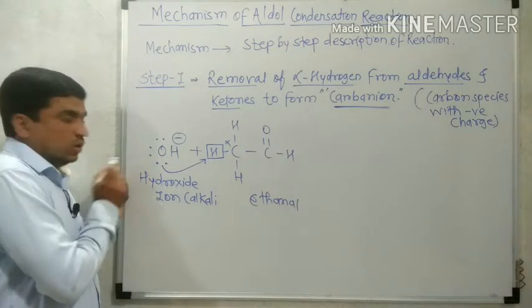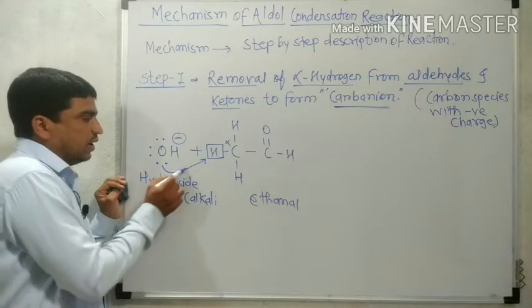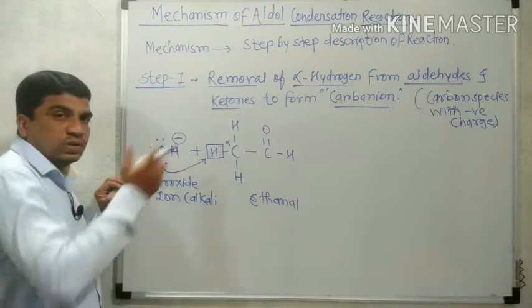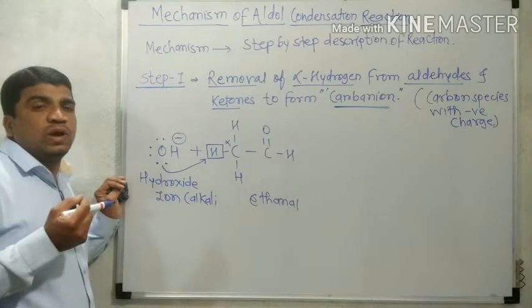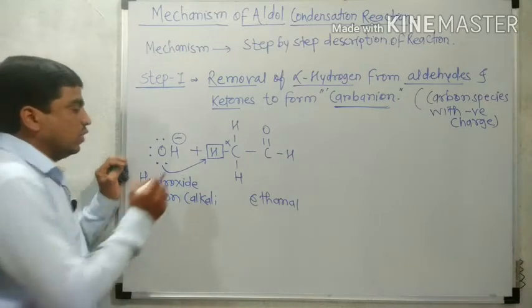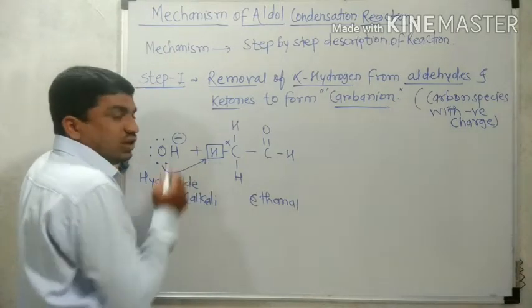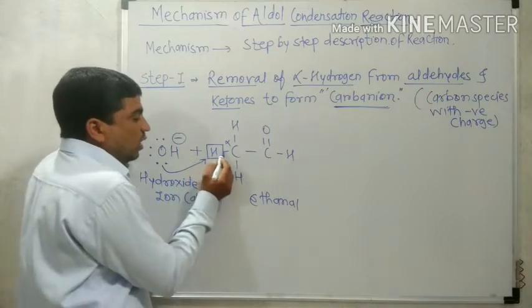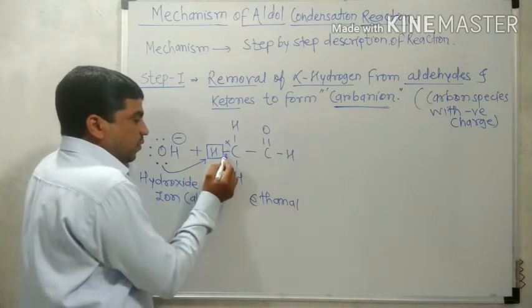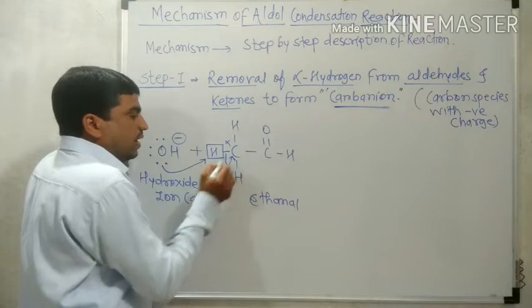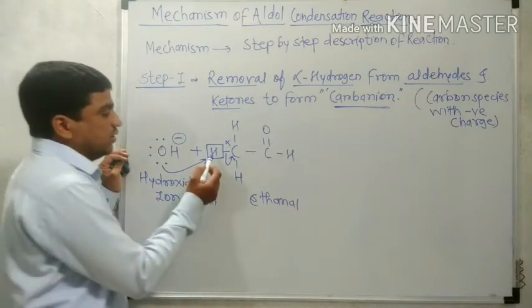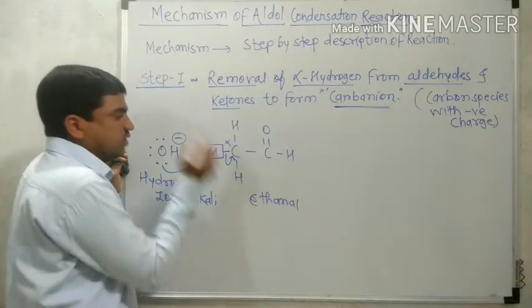That oxygen donates a pair of electrons to the alpha hydrogen and abstracts it toward itself. But in this removal, the electron pair present in the carbon-hydrogen bond shifts toward the carbon.